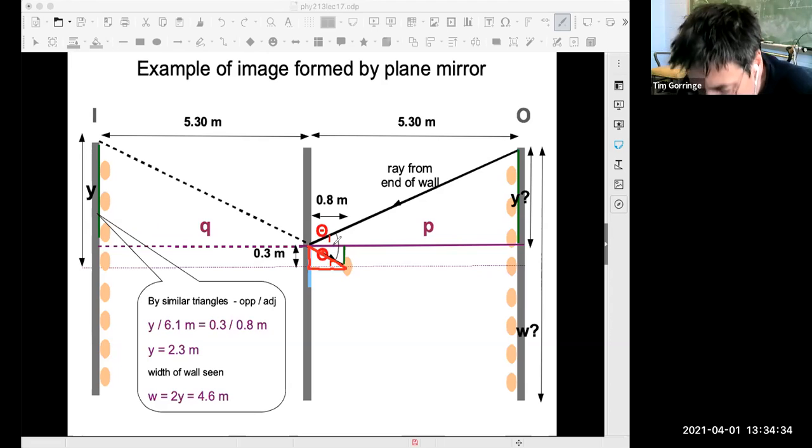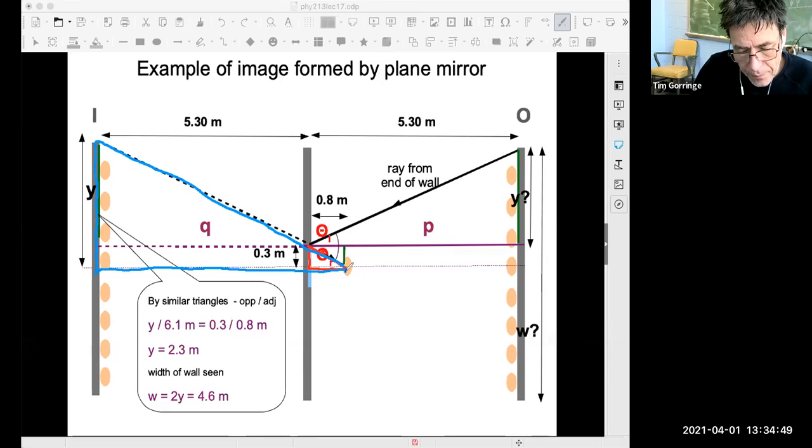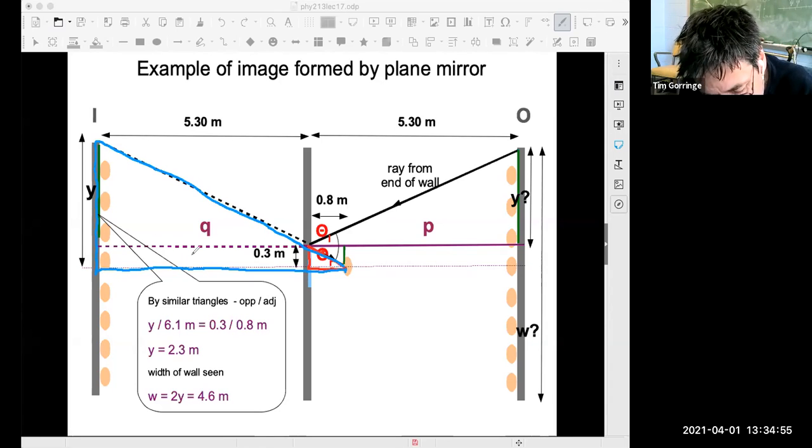And so there's that triangle. And then the second triangle, let me draw that. It's what we call a similar triangle. It's the same shape, has the same angles, but it's a different size. It's this one here. In this case, I do know the horizontal side of this triangle is 5.3 meters plus 0.8, so this is 6.1 meters.